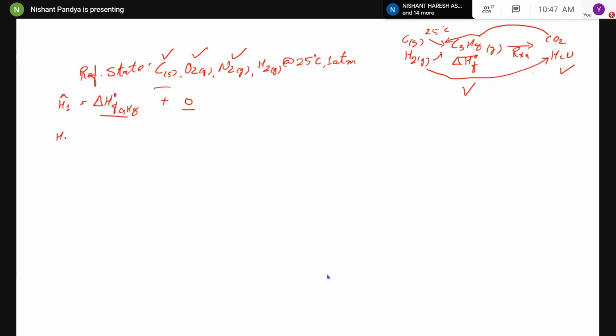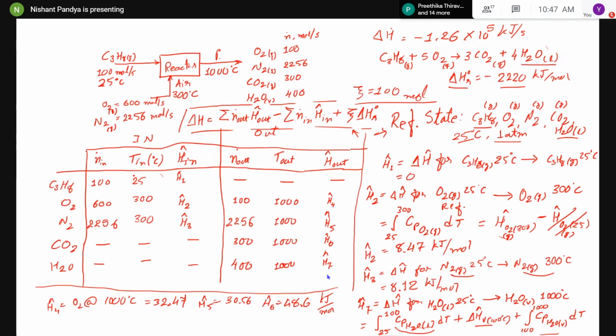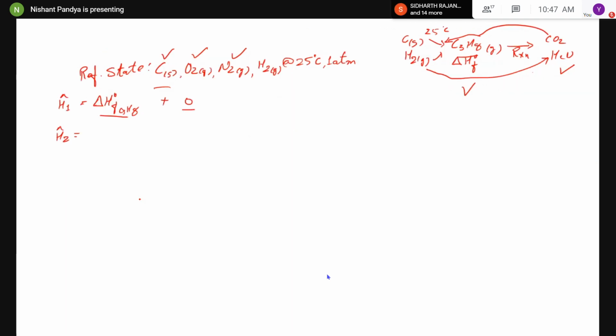Second, H2 cap. Again, two parts: enthalpy of formation and a temperature change. Let me go back and show you: H2 cap is O2 at 300 degrees Celsius. This you have to remember. So the enthalpy of formation of O2 is 0, plus the enthalpy change from the 25 degrees Celsius reference state to 300 degrees Celsius.